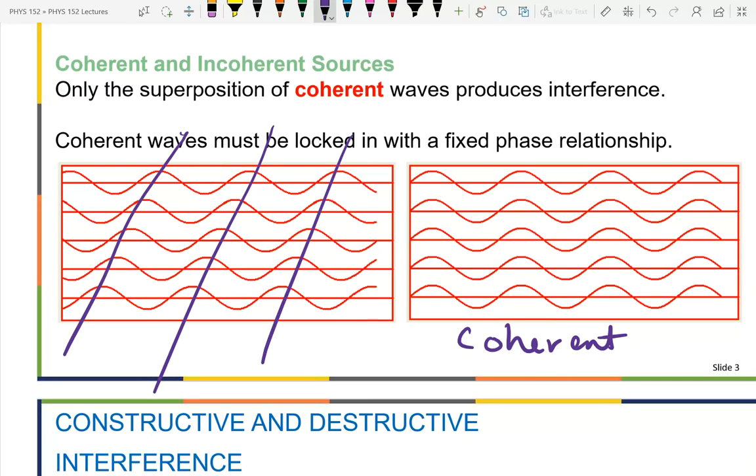So there is a fixed phase relationship, but it's not all peaking at the same time. So when we talk about coherent, if there is a fixed phase relationship, we'll say that's coherent. Not necessarily in phase. This is not in phase, because there's a different time when each one's at a peak, but it's coherent because you have a fixed phase relationship.